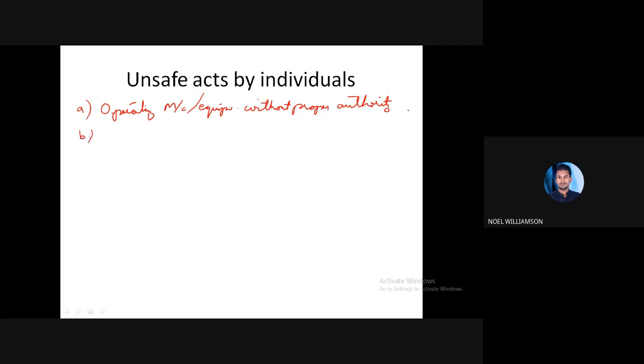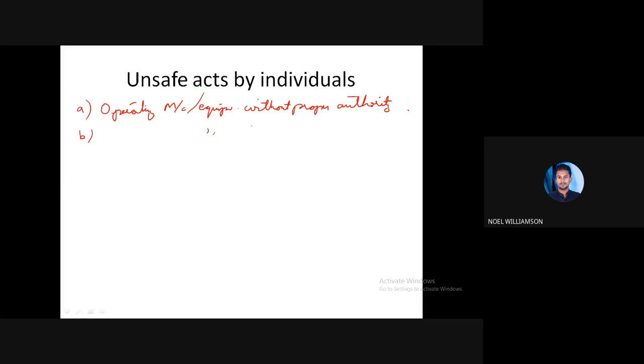Next one, operating the machines or equipment at unsafe or exceeding speeds. Suppose there is a rated speed for any machine, and sometimes the worker will have a feeling of increasing the speed a little more. If he increases the speed beyond the limit, there may be some safety issues.